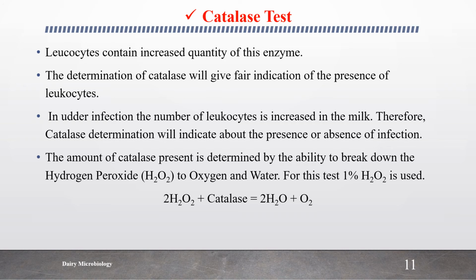Appearance of oxygen bubbles after addition of 1% hydrogen peroxide solution in milk indicates the test is positive, which indicates the presence of leukocytes in the milk, that is, the presence of mastitis.